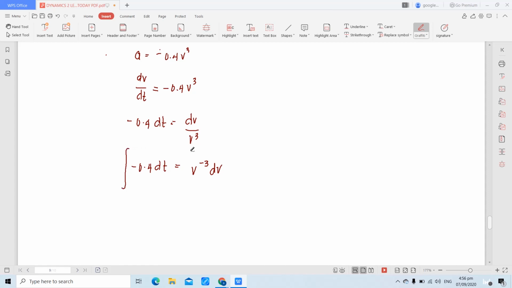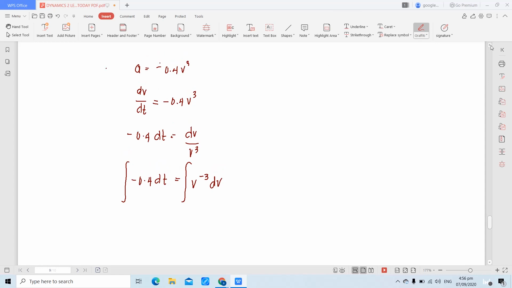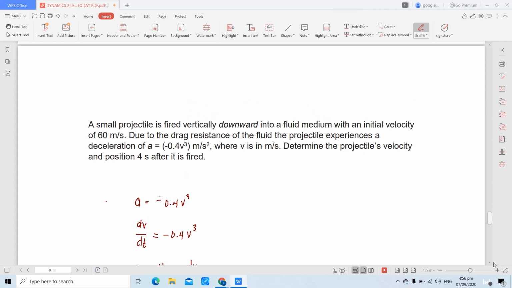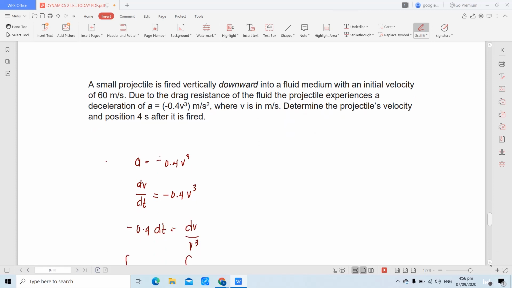So, integrate both sides. Maglalagay tayo ng limits. Anong limit natin, guys? Ang sabi dun kanina, balikan natin yung problem. When the value of time is 0, the initial velocity is 60 meter per seconds.